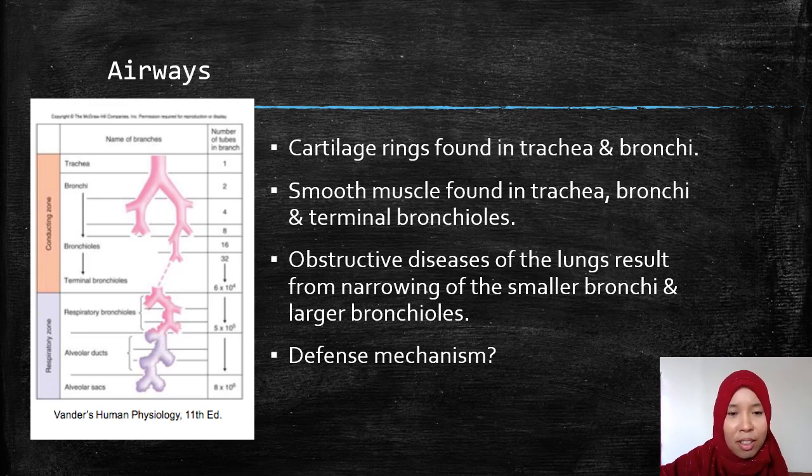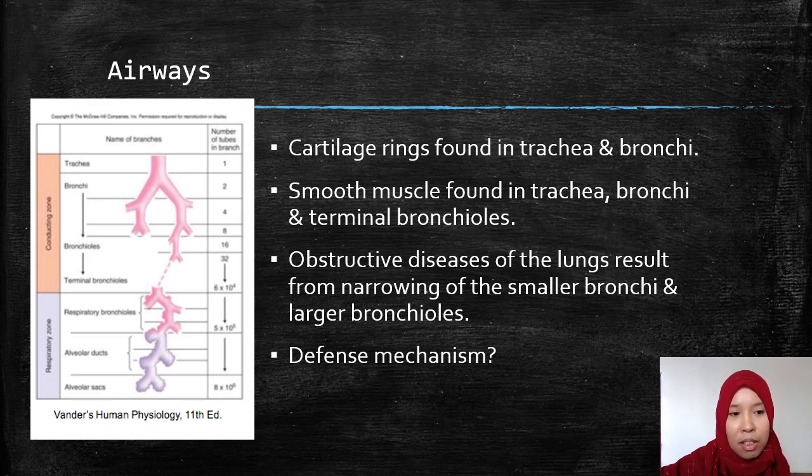Mast cells are also involved in asthma patients, but naturally they are also one of the defense mechanisms. Mast cells will initiate the immune system. And then lastly we have the goblet cells, which are located in between the cells lining your airways.